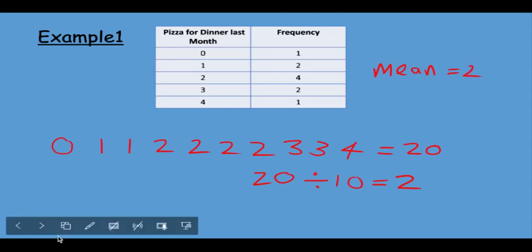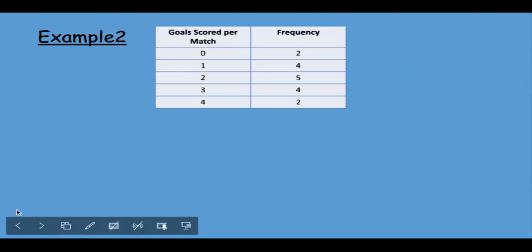Let's have a look at the next example. So we've got number of goals scored in a match. Again, we're just going to write this out in a list. This is going to be a bit longer now, so we're going to look for a little shortcut, but we can see that we've got no goals twice.